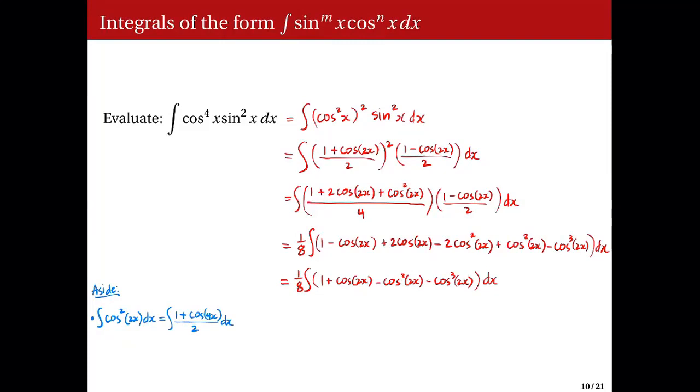So again, from before, you have cosine squared x. This is 1 plus cosine 2x over 2. Now, instead of x, you have 2x. So you have 2 times 2x. That's why you have 4x in here. Okay?